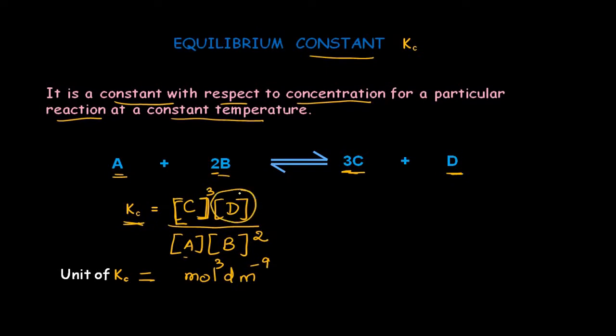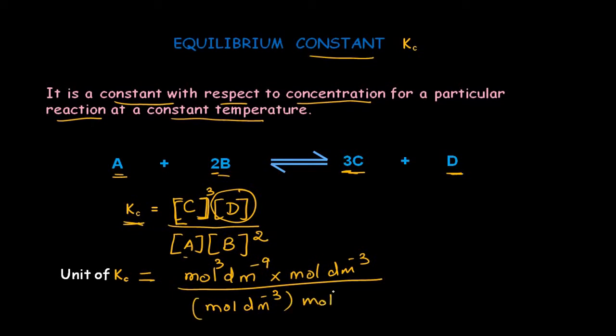Now for D, it should be again mole per dm cube, divided by again the concentration of A and B. So again for A we'll be writing mole per dm cube again into mole square dm power minus 6 for the square of the concentration of B.